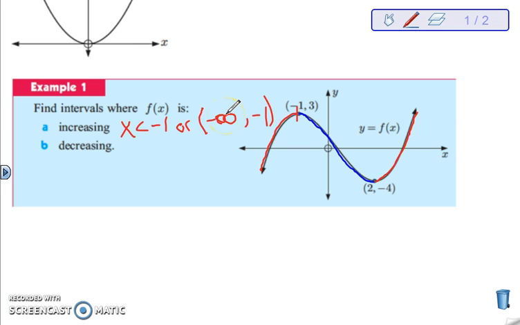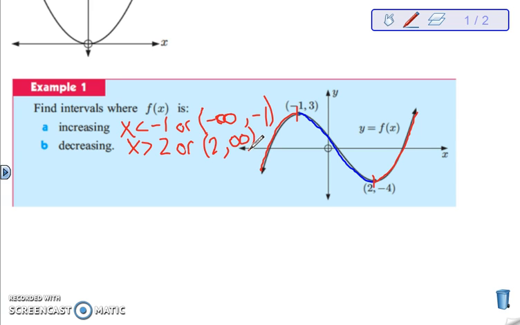I also increase starting at 2 and everything past. So that's going to be wherever x is greater than 2. Or, if I'm writing it as an interval, that's everything from 2 to infinity.